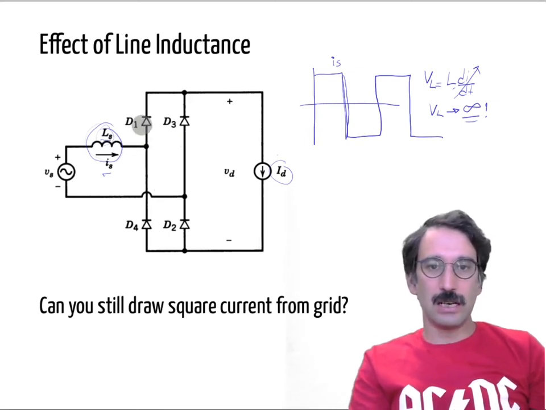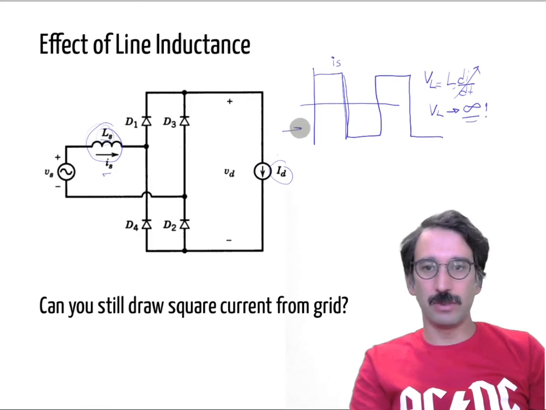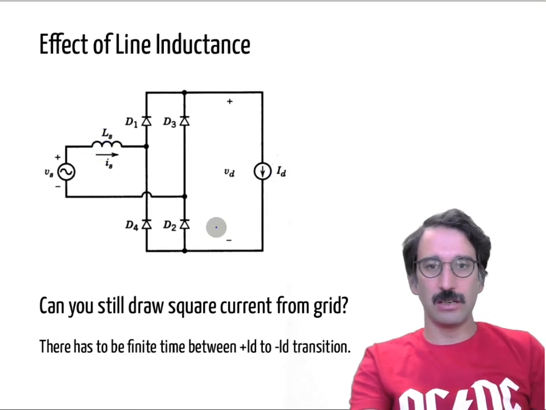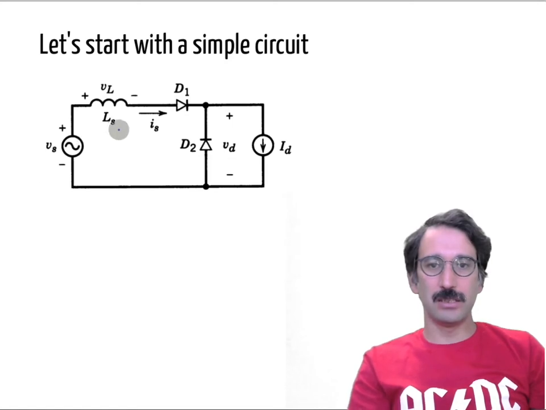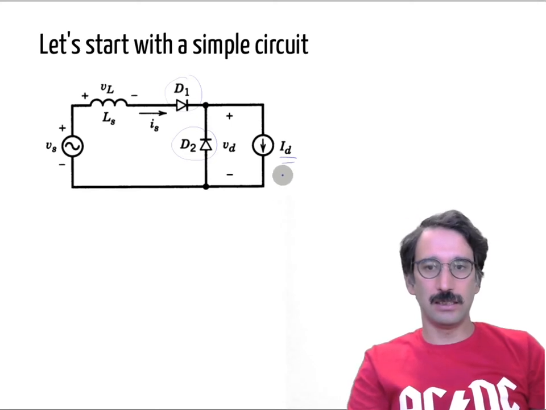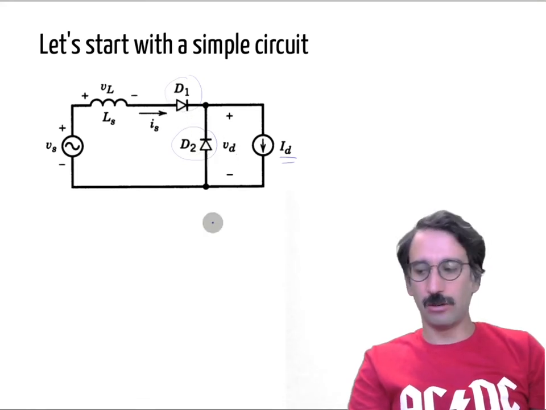So what kind of waveform does that system draw? It will not be a perfect current waveform anymore, but it has to be modified. Before going on to that, let's start with a simple circuit. This is not a full bridge rectifier, but you have just two diodes. We still have the ideal current source here, so it will draw the current through either D1 or D2.